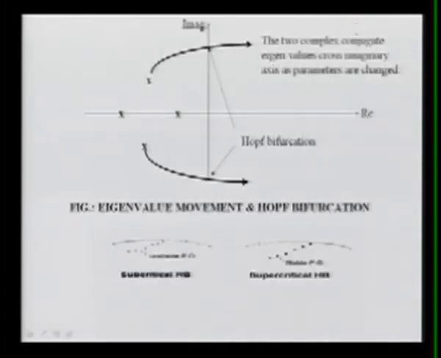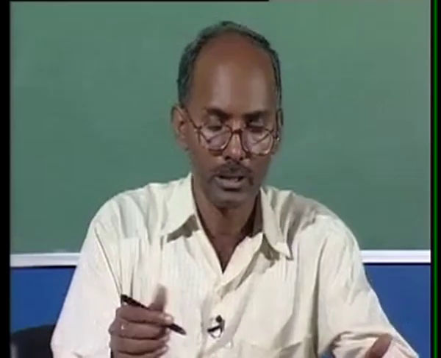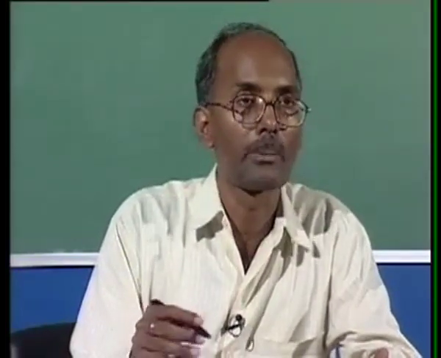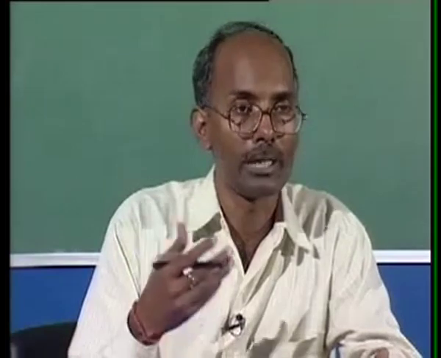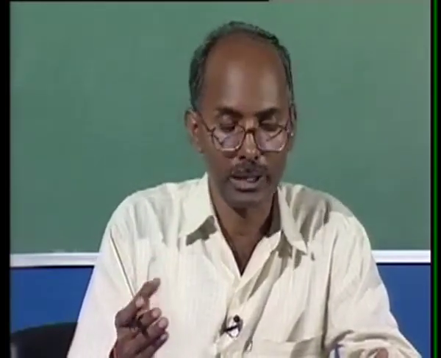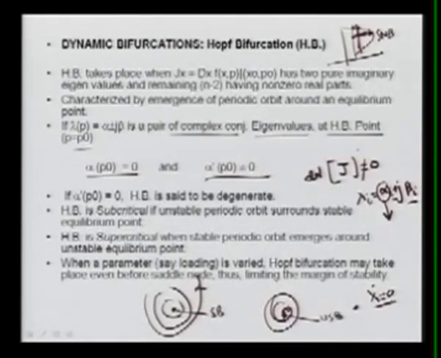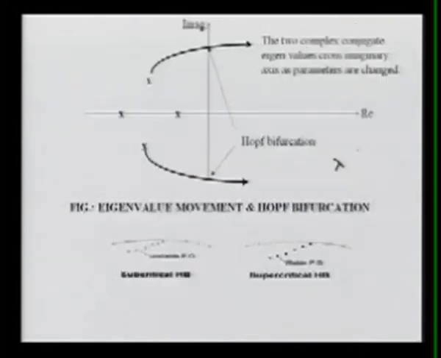In any system, your eigenvalues may be real only, may be complex conjugate, and may be positive. Here lambda can be alpha plus or minus j beta.